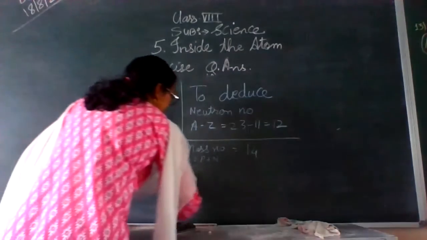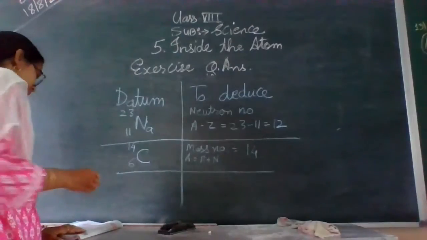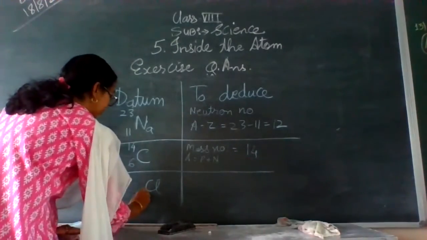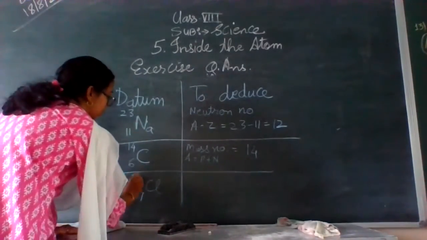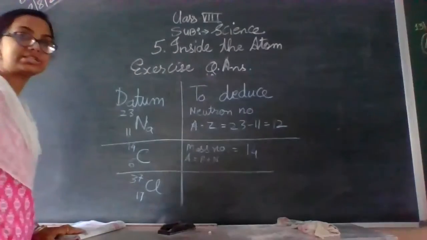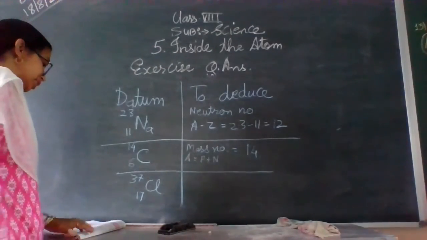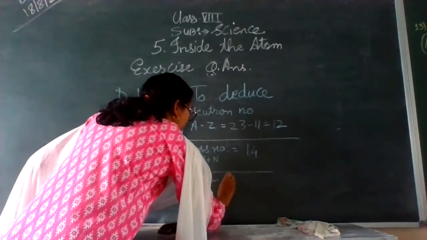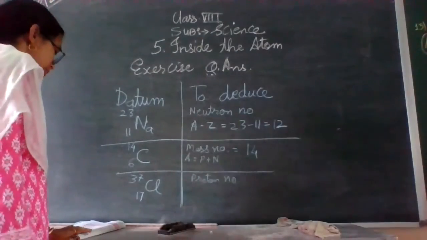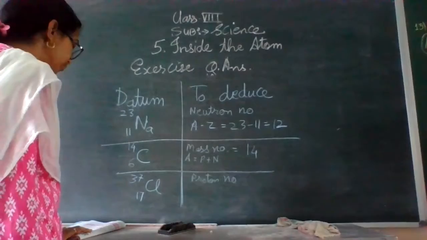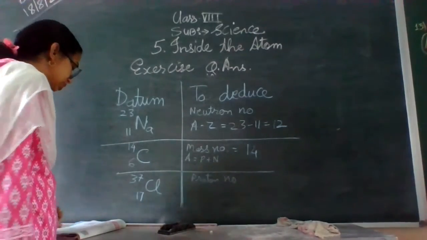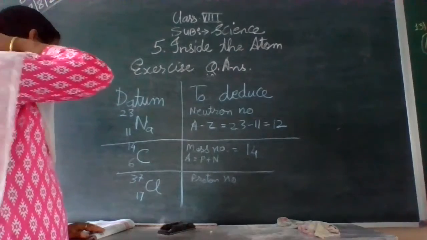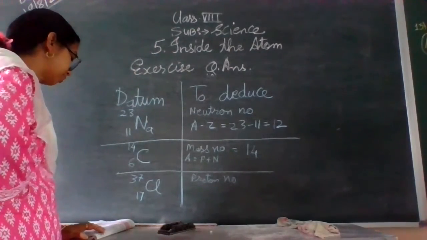The third datum given is of chlorine. For chlorine, you have atomic number 17 and atomic mass number 37. In that case, they are asking you the proton number. How many protons are there? As you all know, 17 is the atomic number and not the atomic mass number.